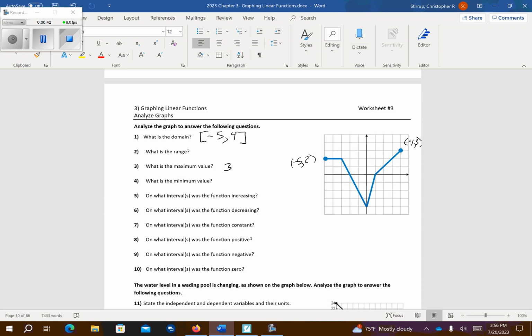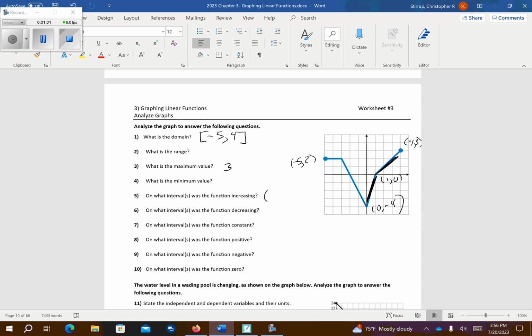On what interval is it increasing? It's increasing in 2 different spots. It's increasing here and here. So this point here is the point 1, comma 0, and this point here is 0, comma -4. We have enough to label it. So we're going to use the x values to talk about where it's increasing.